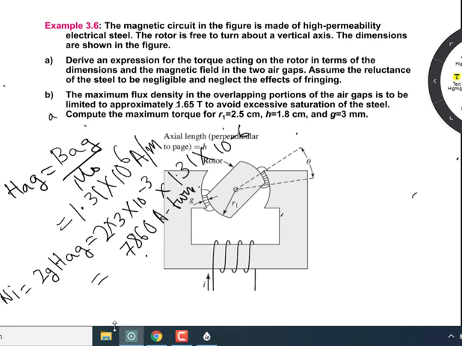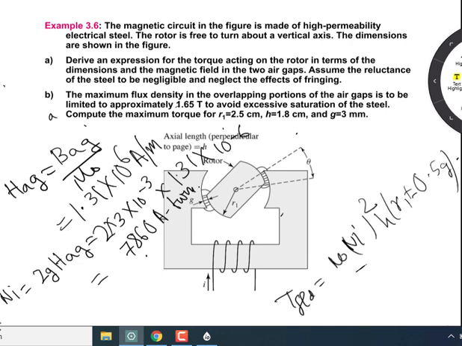And for that 7860 ampere turns, what we will get is the torque. Let me write the formula: mu 0 n I square h r1 plus 0.5 g by 2g.